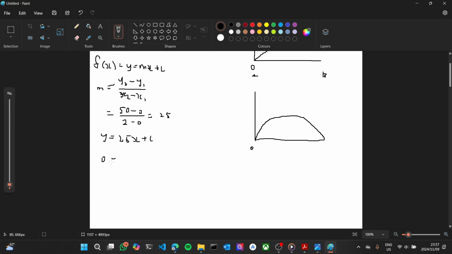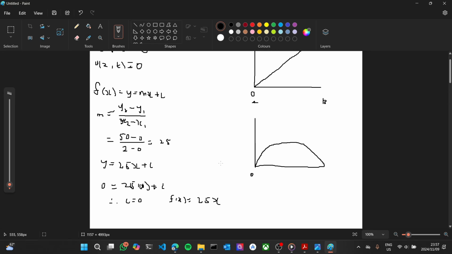So 0 is equal to 25 times 0 plus c, which will mean that c is then equal to 0, and then f of x is equal to 25x.